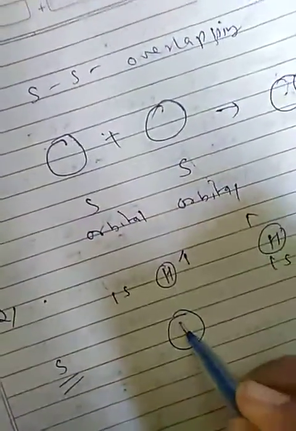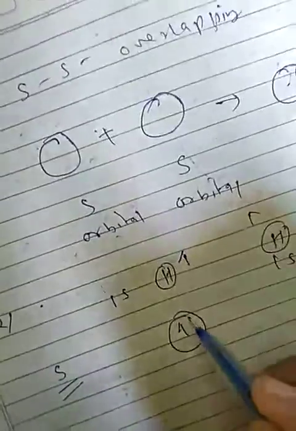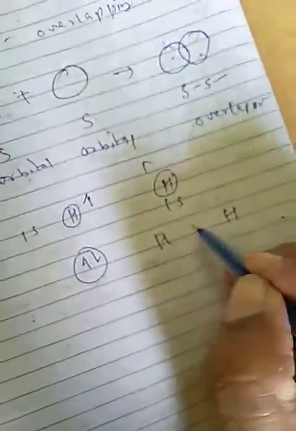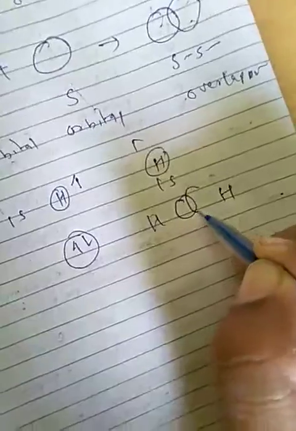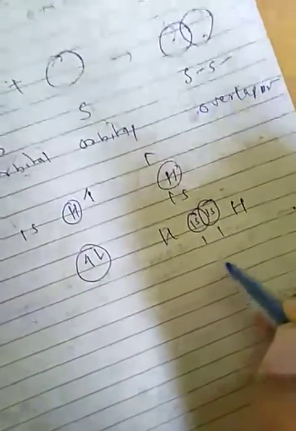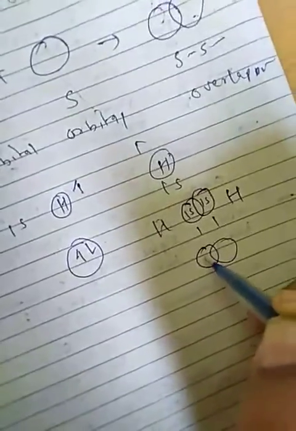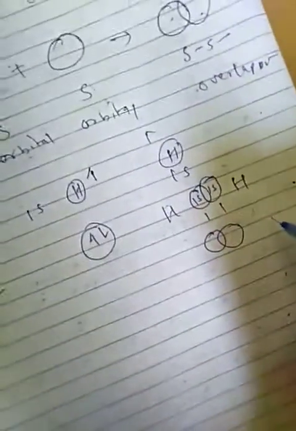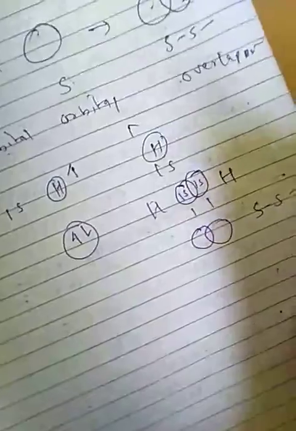So this H with one electron and this H with one electron form overlapping of these two, 1s and 1s. Overlapping of two electrons forms ss overlapping.